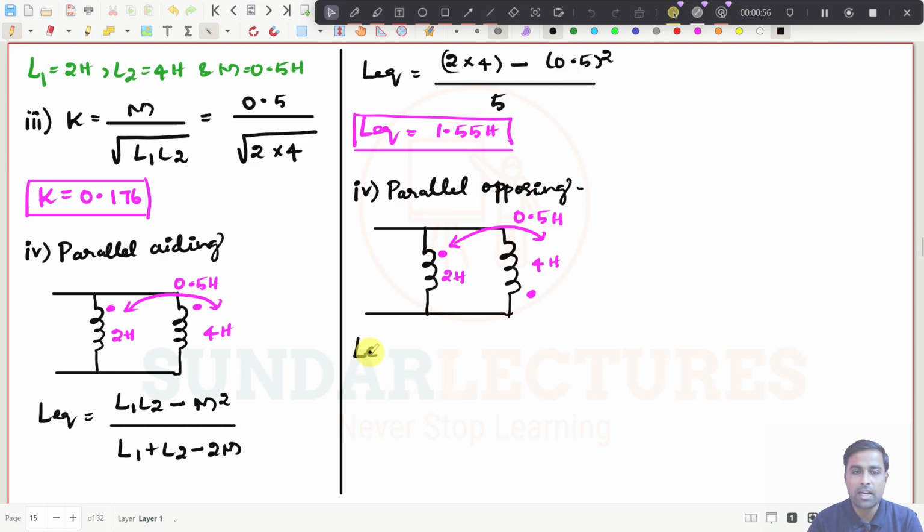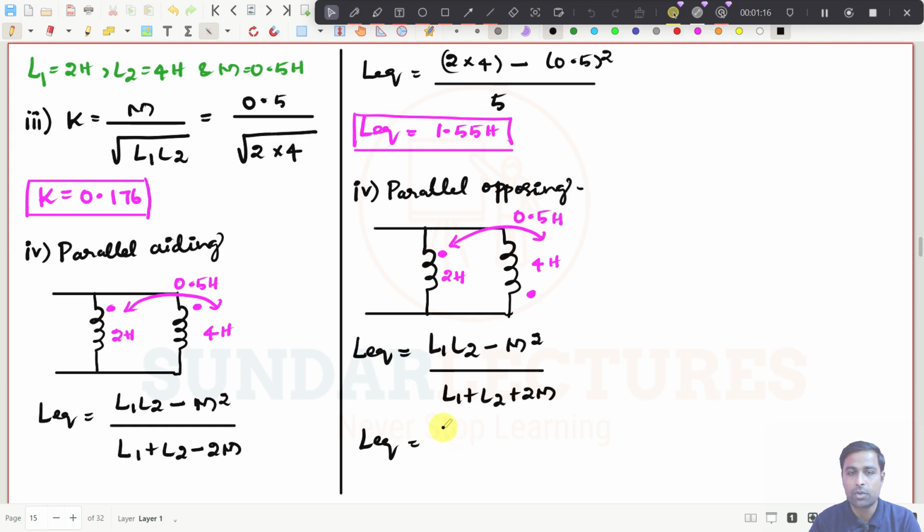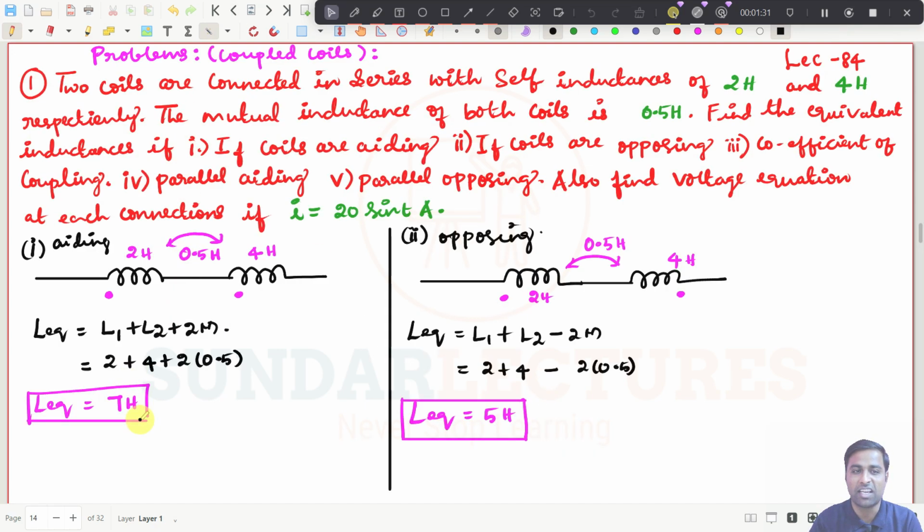So what is the formula I have written? We have derived this. L equivalent is equal to L1 L2 minus M square, divided by L1 plus L2 plus 2M. This is the formula for parallel opposing. Then if I substitute, L equivalent is equal to 2 multiplied by 4 minus 0.5 square, divided by, see, this one is the series value, 7 Henry.